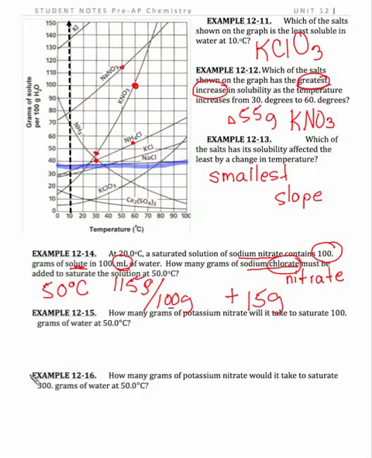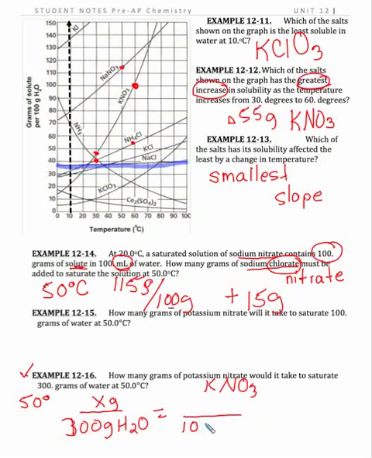Now, this next one, I'm going to go down here, and basically this one actually includes 15. How many grams, I'm looking at potassium nitrate, would it take to saturate 300 grams of water? In other words, I'm at 50 degrees Celsius. I want to know how many grams of KNO3 will go into 300 grams of water. Well, my chart doesn't read for 300 grams of water.